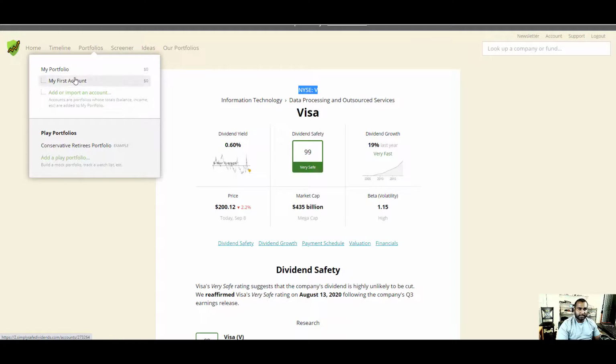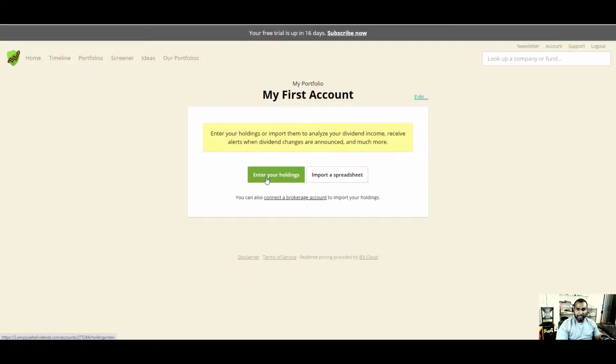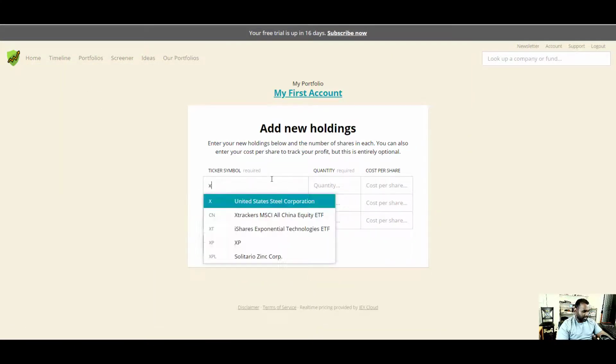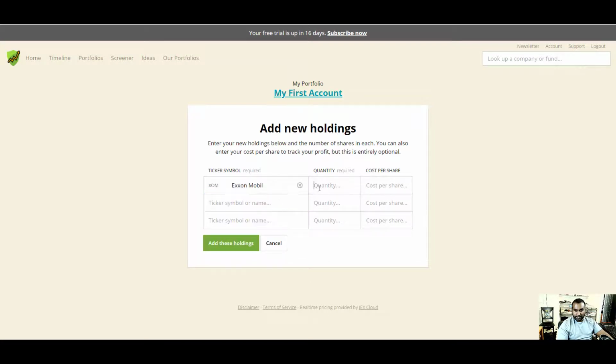You can add, so I can enter my holding. I have XOM, Exxon, and I have 5, and I can even do cost per share. Let me just get that for you guys. That's in my app. I use this app called SoFi.